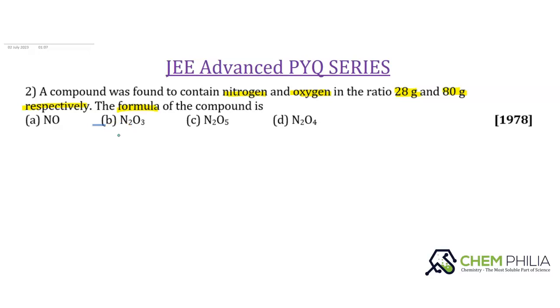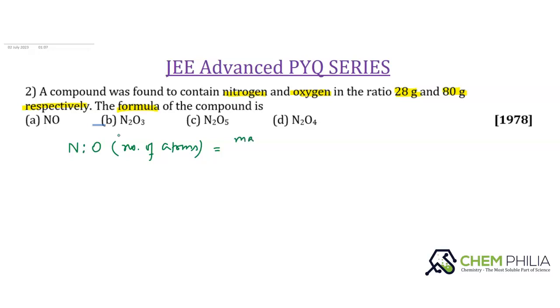Now first of all, we will calculate the ratio of nitrogen and oxygen's number of atoms. So we have to find out the ratio of number of atoms of nitrogen and oxygen, and how to find out that? It's very easy.